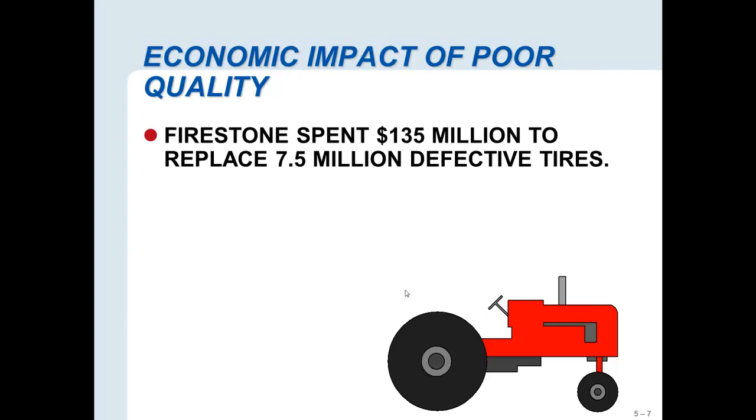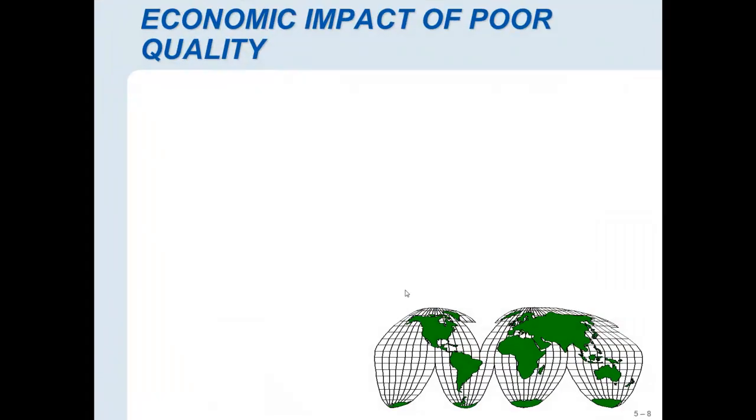The case is still going on. Ford blamed Firestone for making poor tires that caused the Ford Explorer to roll over, and people died. The Explorer rollovers happened in about 1997.